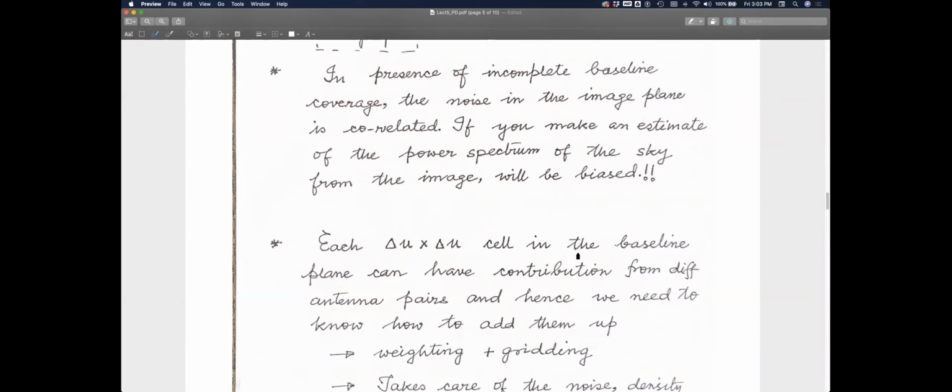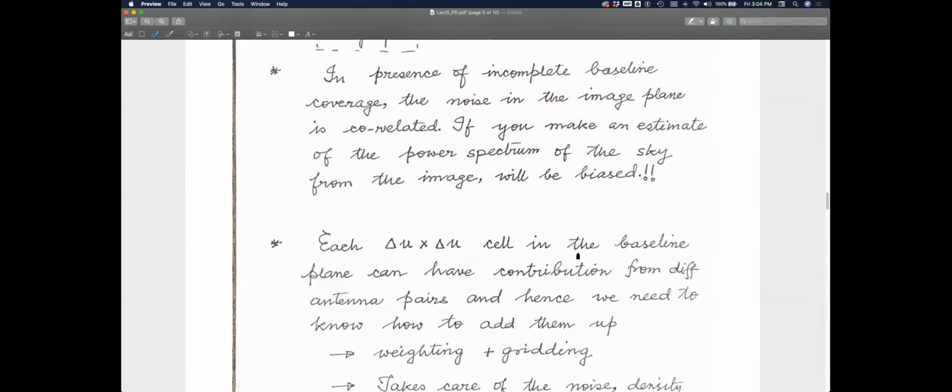So the interpolation also interpolates the noise, which means that this deconvolution procedure essentially gives you different noise in different parts of your image plane. If you calculate a power spectrum now from the image, it not only changes the power spectrum because you have interpolated the visibilities, it also adds a noise power spectrum to it.